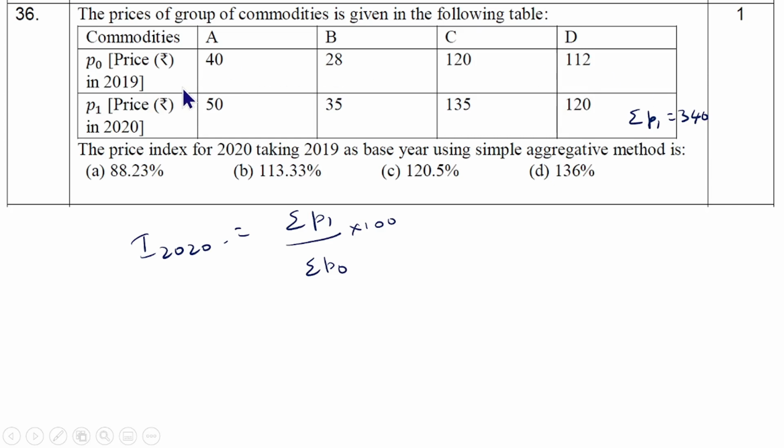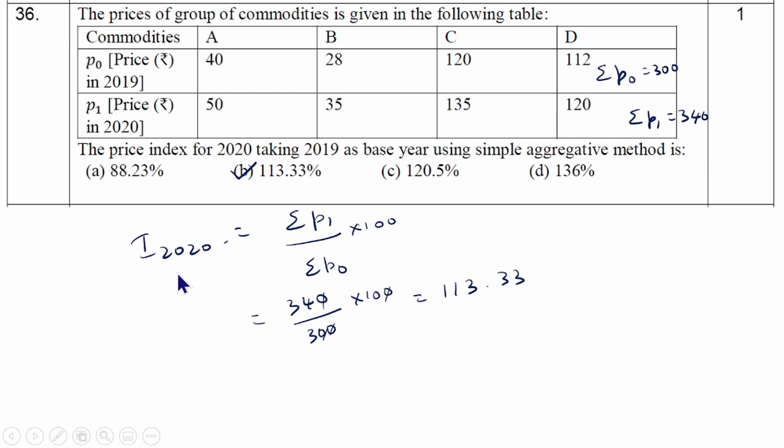Then summation P0 is the sum of the prices in the base year: 40 plus 28 plus 120 plus 112, which is equal to 300. So this is equal to 340 upon 300 into 100, or 113.33. So the correct answer is option B.